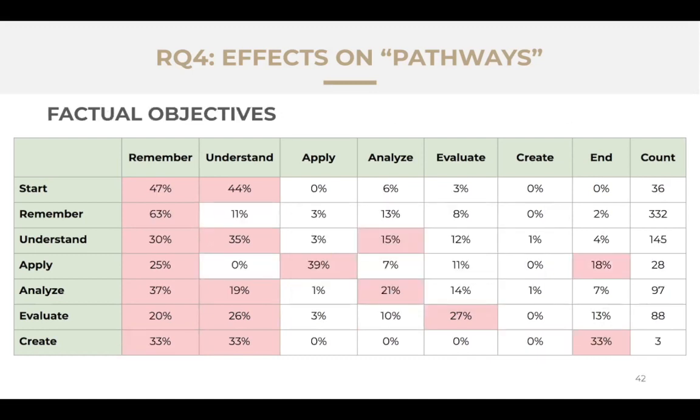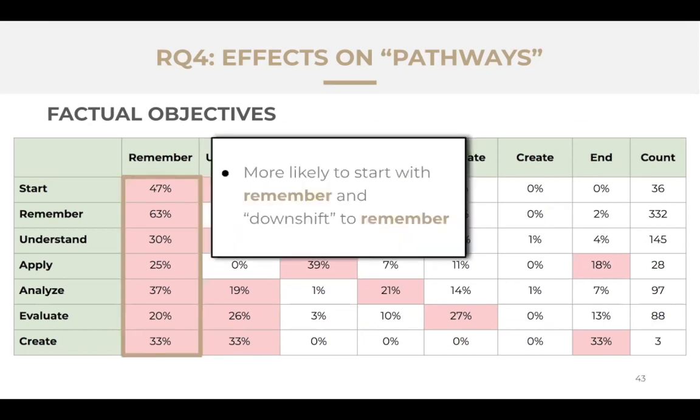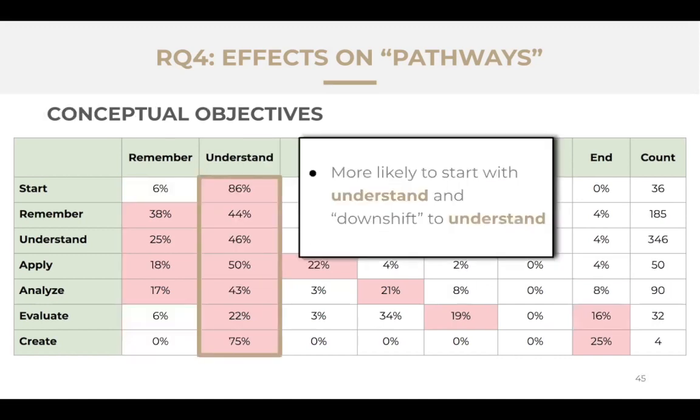Okay, we also looked at these transition matrices for factual objectives, conceptual objectives, and procedural objectives. I'm just going to tell you one trend for each. For factual objectives, there's a lot of remembering, which makes sense. Facts are usually isolated bits of information, so there's a lot of memorization involved. For conceptual objectives, there's a lot of understanding.